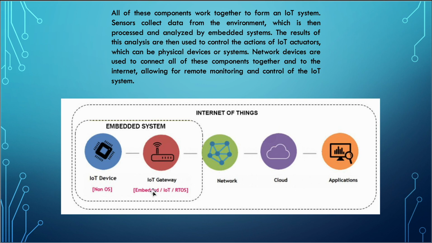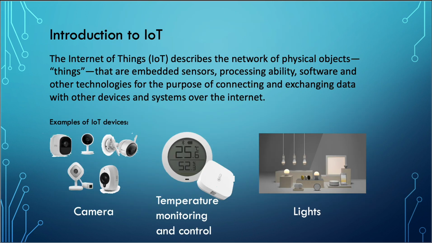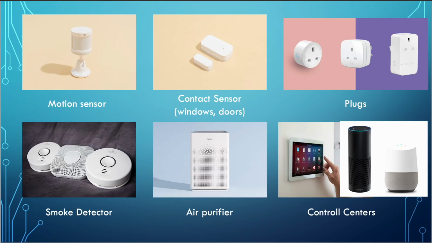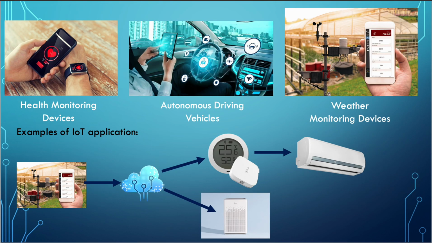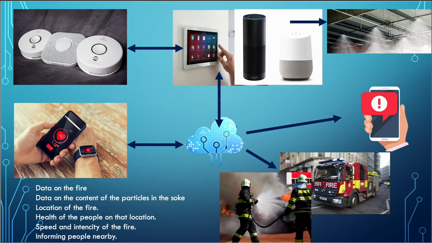So by now you will be able to recognize an IoT device, and you will be able to understand how IoT devices interact with each other to give an output.